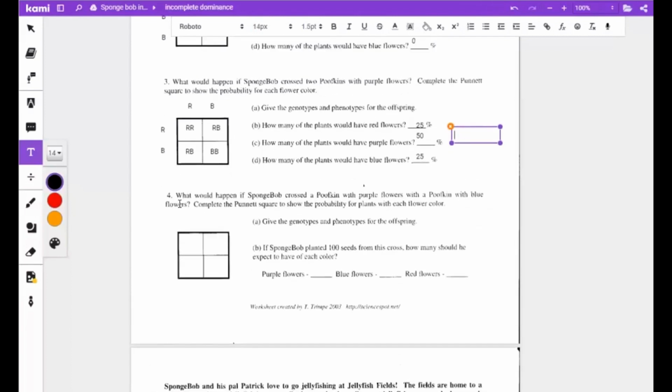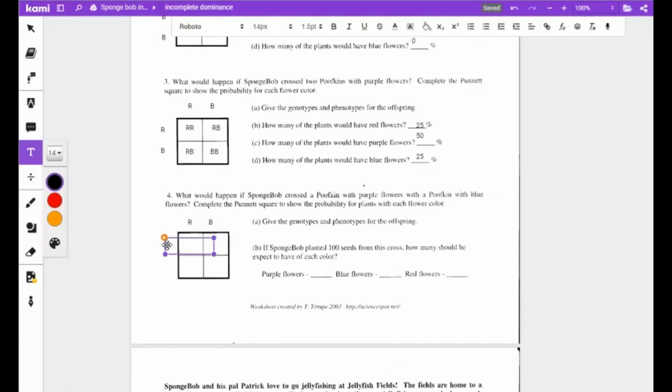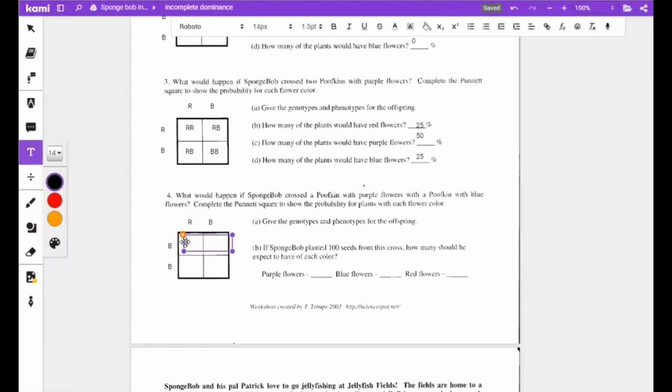What would happen if SpongeBob crossed a puffkin with purple flowers and a puffkin with blue? Well, now puffkin purple is R and B. Do I care if you put BR or RB? No. And right here is blue, so that's a B. This is a B. Well, we know what's going to happen. I only have to fill out a couple boxes: this box and the one next to it, RB, and this is BB.